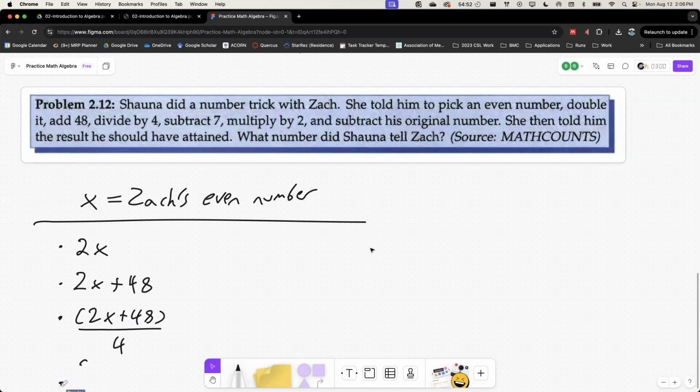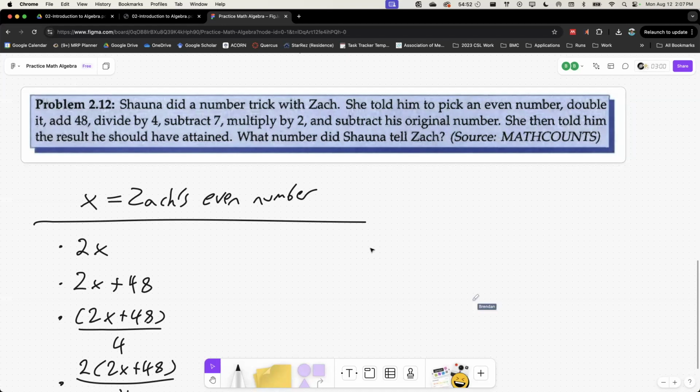So then we'll go 2 times (2x plus 48) divided by 4. And then finally, she subtracts his original number. So we get 2 times (2x plus 48) divided by 4, and then minus x. And then we're asked what number she told Zach.